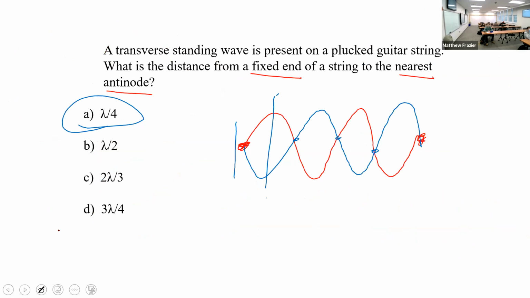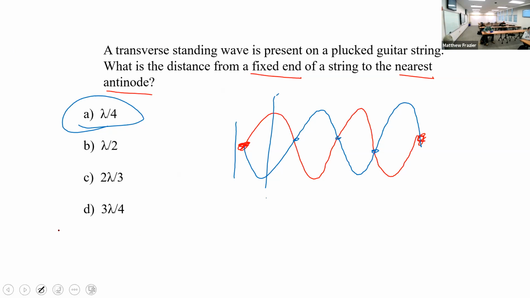And then we talked about this problem. In any standing wave, from node to antinode has to be a quarter wavelength, and from node to node or antinode to antinode has to be a half wavelength. That's the definition of what a cycle of a wave looks like. A wavelength has to be from crest to crest or trough to trough, or from one node to another node where the velocity is in the same direction.